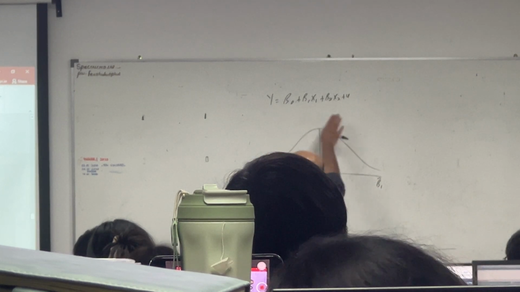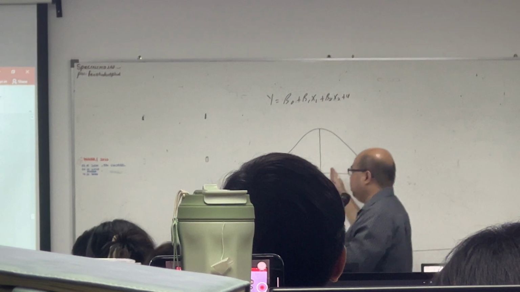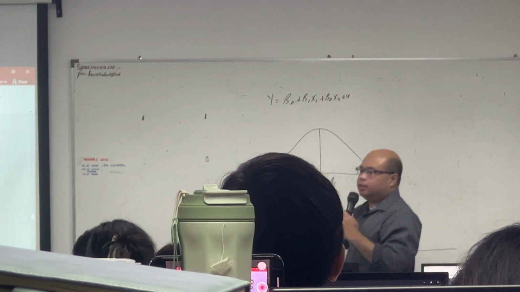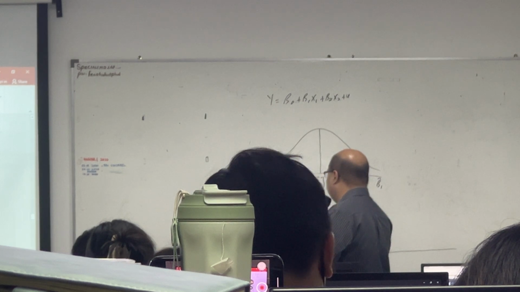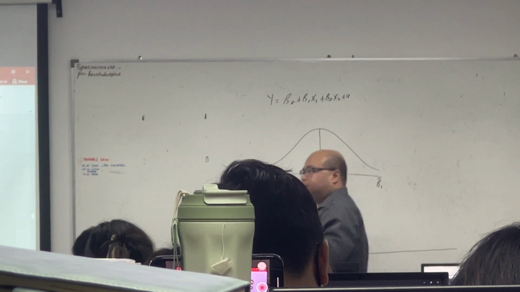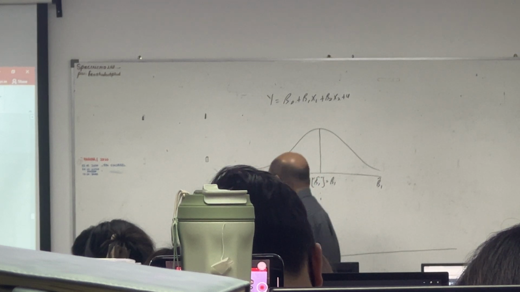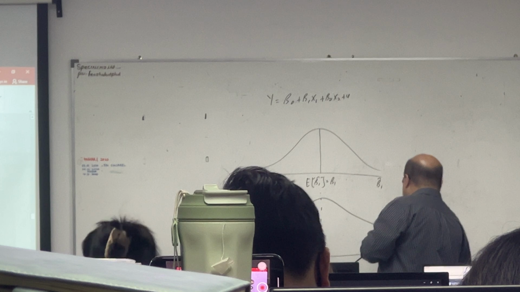Let's say our x1 and x2 have high correlation between them, then it will make the sample distribution larger. Although it is still unbiased, it has larger variance.